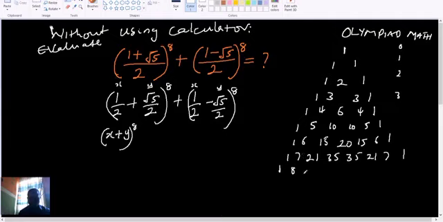You add this to this, you will have 28. You add this to this, you will have 56, 70, 56, 28, 8, 1. So what do you need here? All you need is the last part, which is 1 8. That is the last part that you need there.